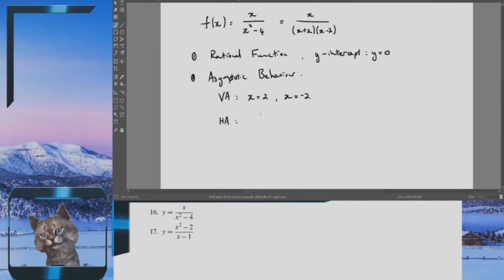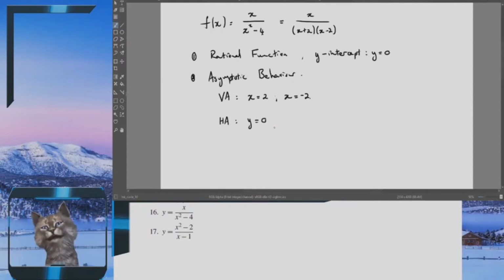Are there any horizontal asymptotes? Well, because it is a rational function, I know that the long-term behavior is determined by the ratio of the leading terms, which in this case, it's going to behave like 1 over x. Because the bottom has a higher degree polynomial, it will shrink down to 0.